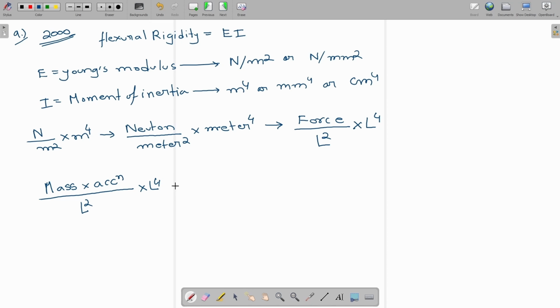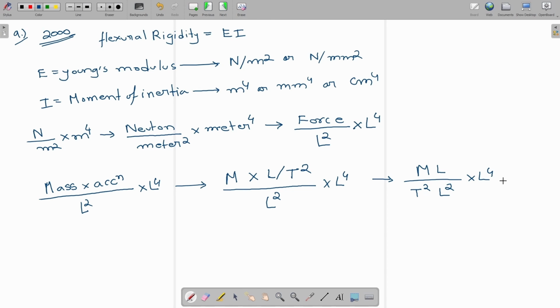Now mass can be represented as m and acceleration as L upon t square, divided by L square into L to the power 4. Therefore we can write it as m L t to the power 2 by L to the power 2 into L to the power 4.